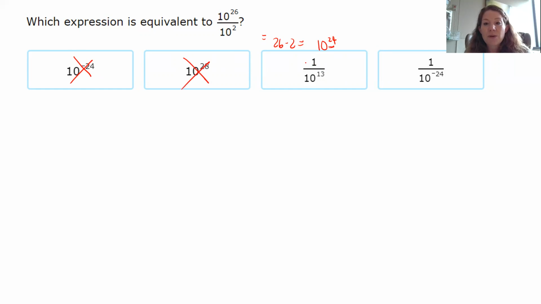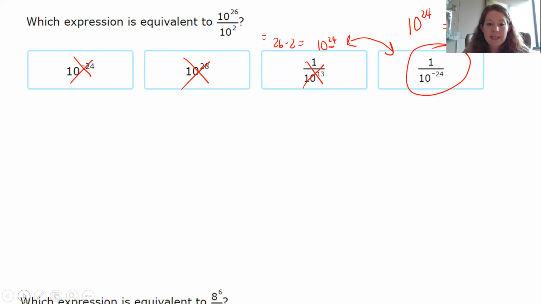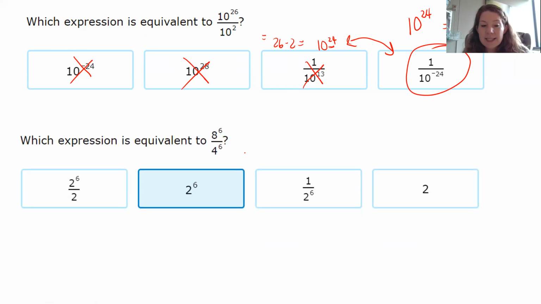This is definitely a 24, not a 13. So that means that this and this must be equivalent. Well, 10 to the 24th, if I wanted to make that negative, I would drop it across the line, change the sign. These are now equivalent. So this is a good answer. Letter D.